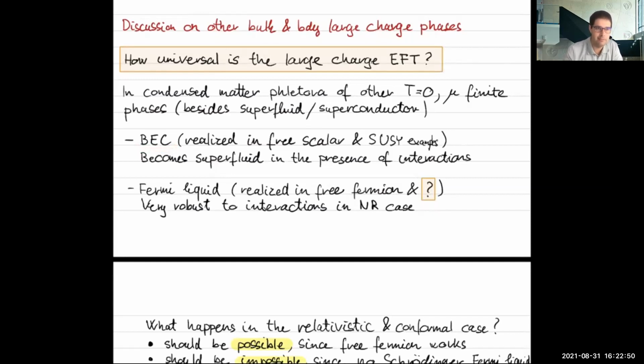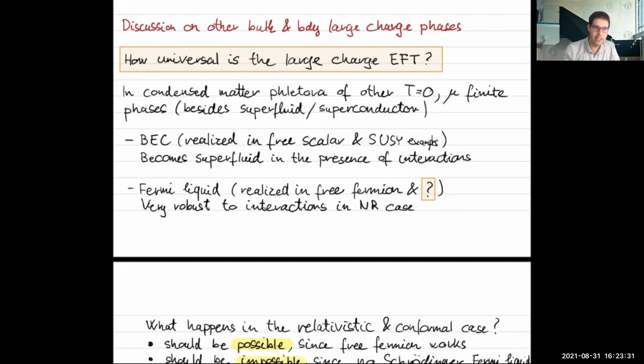And I would say, maybe we won't agree, but for the free scalar and the sufficiently supersymmetric examples, I like to think of that EFT, which is not identical to the superfluid EFT, as describing a Bose-Einstein condensate. Now in condensed matter, a Bose-Einstein condensate becomes a superfluid once we add interactions, so it's not very stable under the addition of interactions.